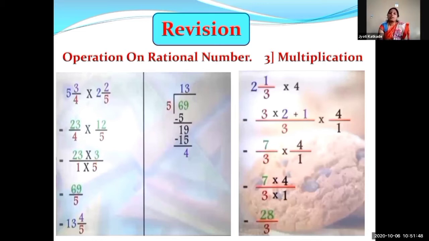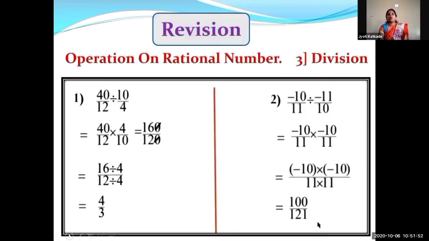Next operation is division of rational numbers. Now see the first example, 40 upon 12 divided by 10 upon 4. Write down 40 upon 12 as it is.